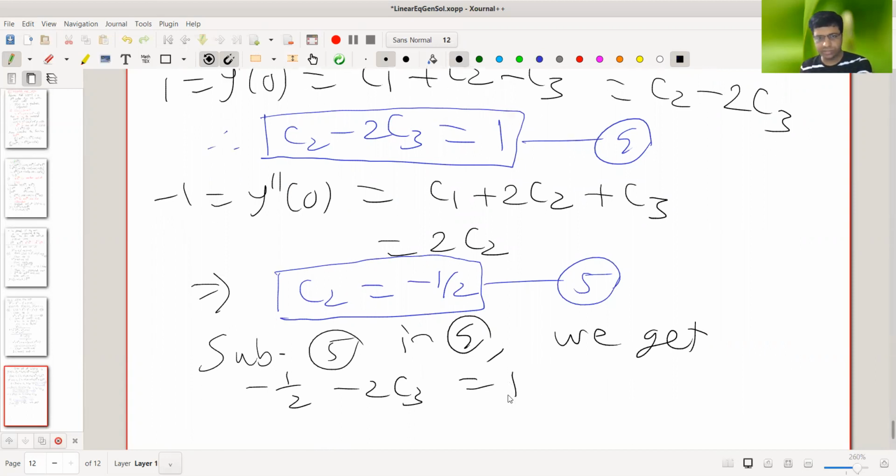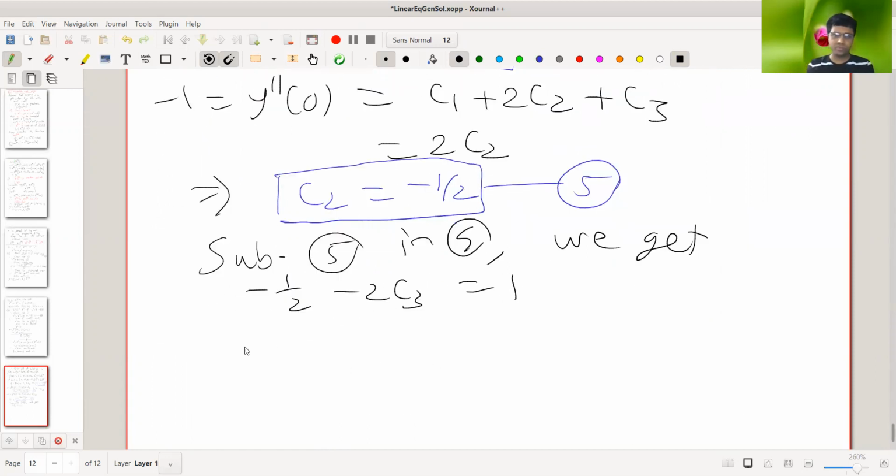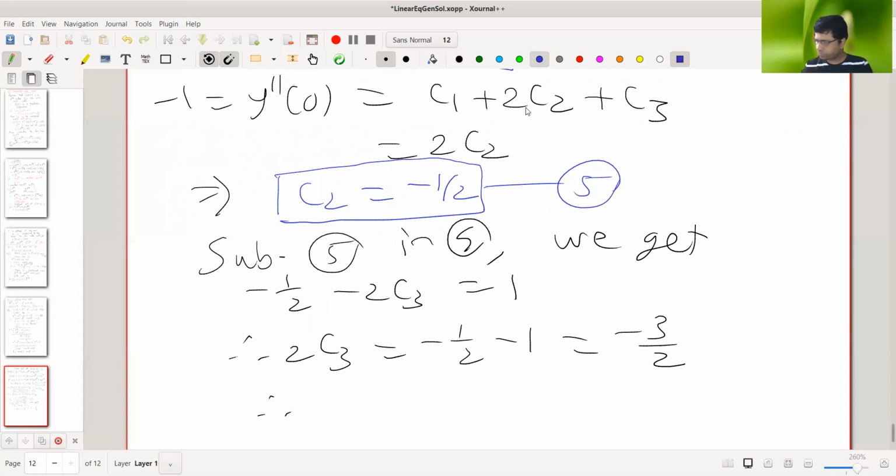So that 2C3 equal to minus 1 by 2 minus 1, that is minus 3 by 2, and therefore the value of C3 is minus 3 by 4.